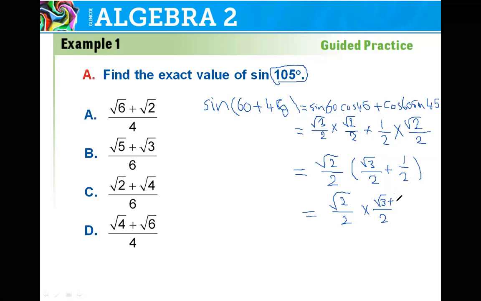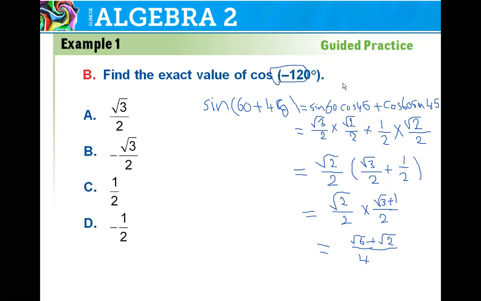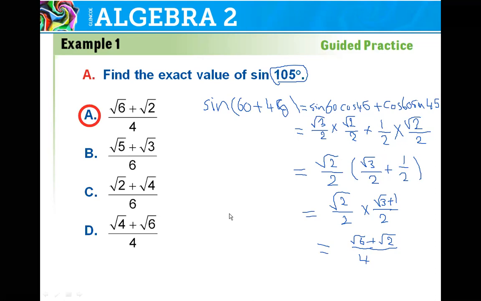If you multiply, it will be root 6 plus root 2 over 4, which is equal to letter A. I'm going to the next example, but I'll wait just 20 seconds if you need to write the answer.